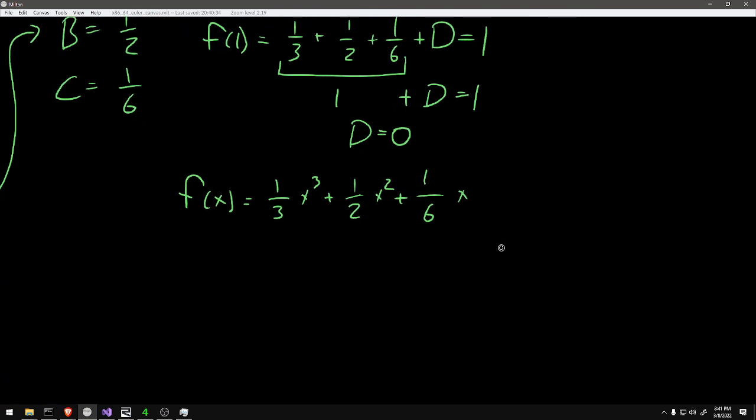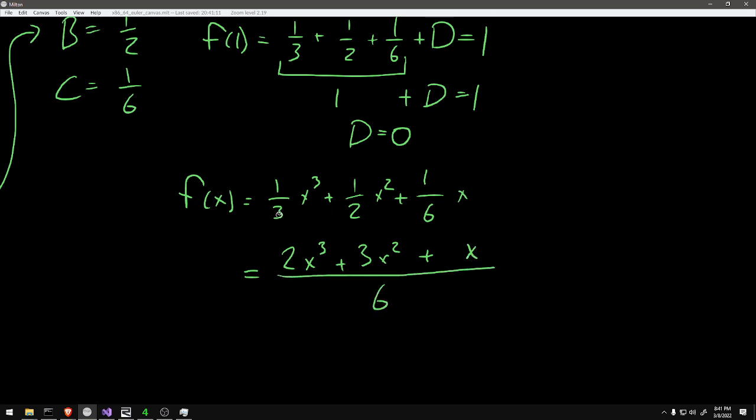And let's just rearrange this a little bit. I'm going to give them all a common denominator and factor out an x on the top. So step 1, we're looking at 2x cubed plus 3x squared plus 1x all over 6.